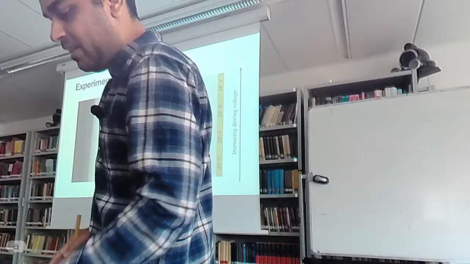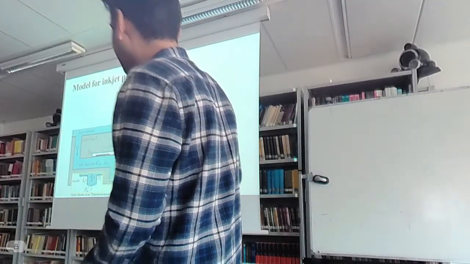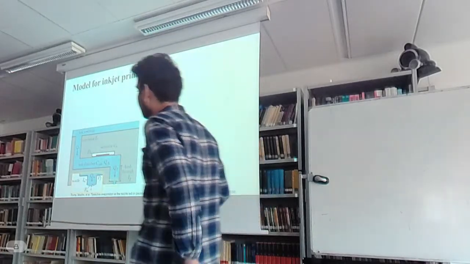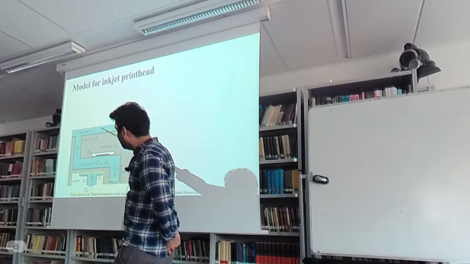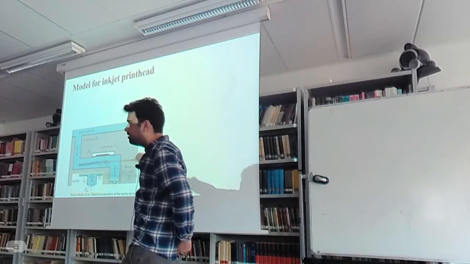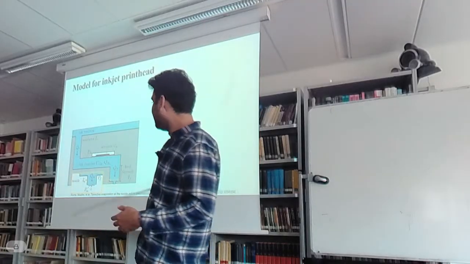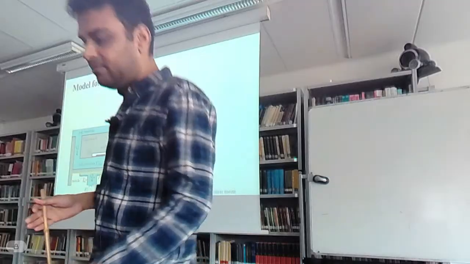I'll come back to this, what can cause this. First, let me describe the model that we use for the inkjet printer. We have an ink reservoir from where the ink will flow into a chamber where we have an actuator that pushes the ink out of the feed through and then through the nozzle where we have the jetting.